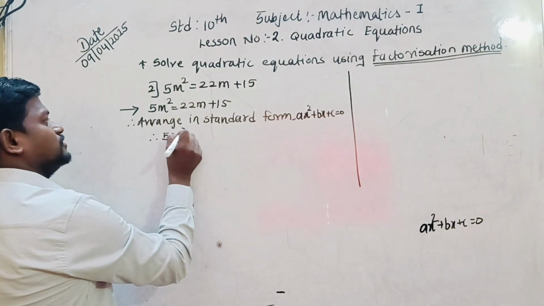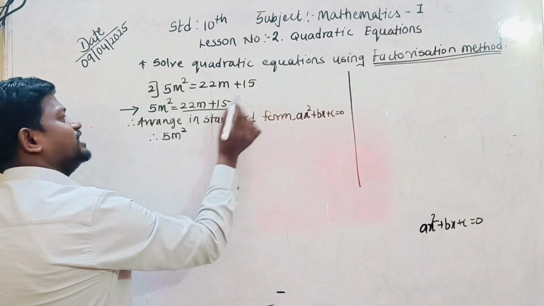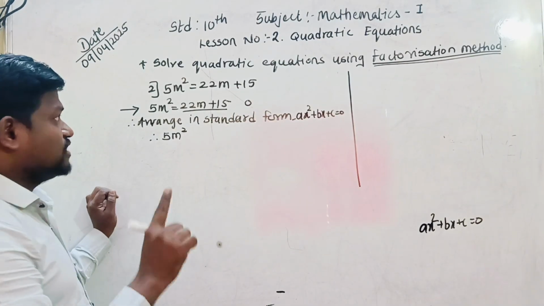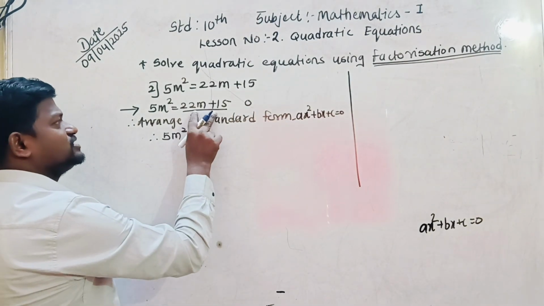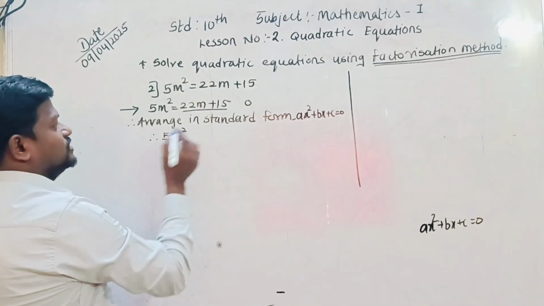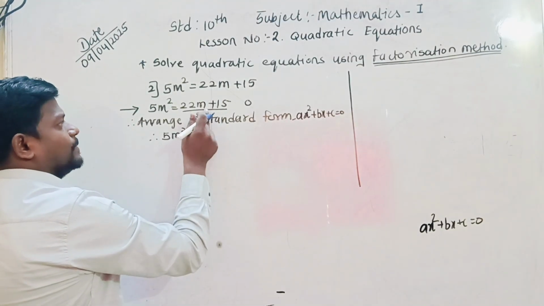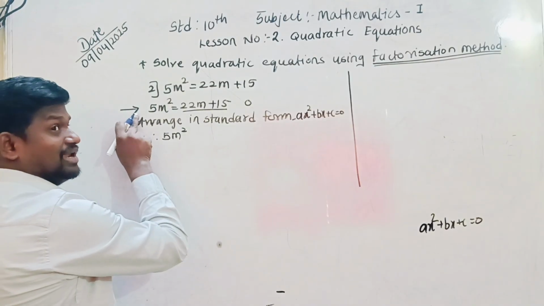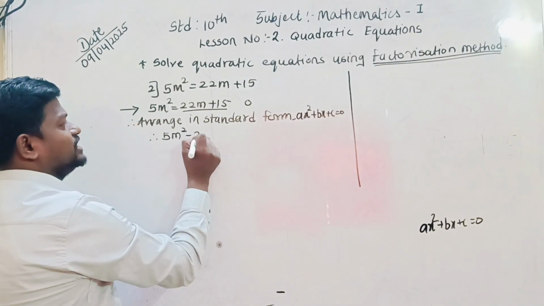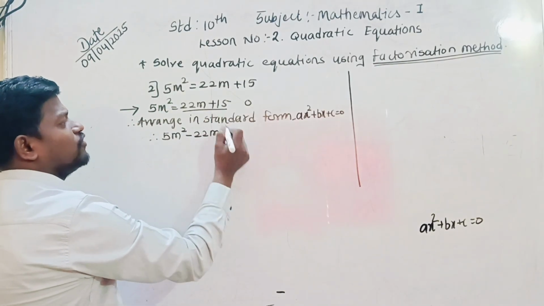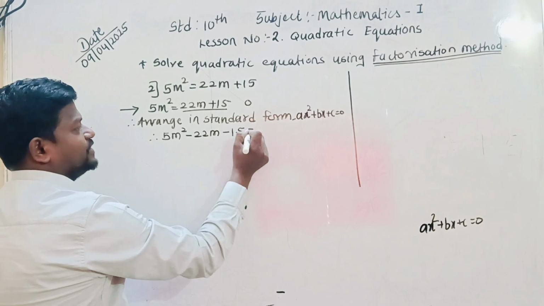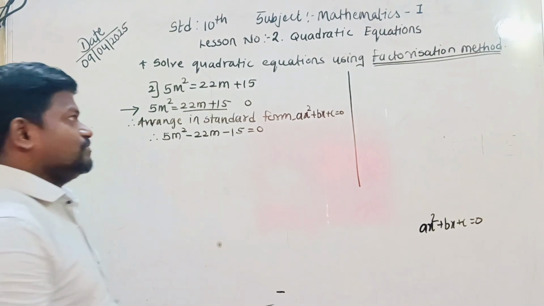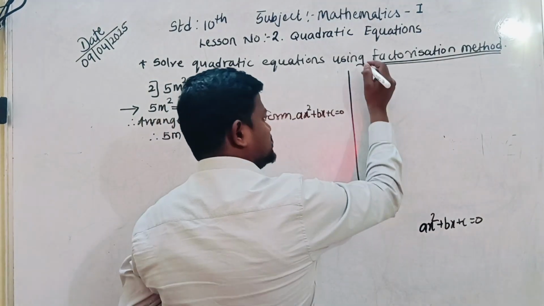See, on this side we have 0. We must have 0. That's why we change these two numbers to the left side. So if minus 22m shifts to the left side, it changes sign, and the same for plus 15, which changes to minus 15. So this is our equation. Then see, this is our working space.